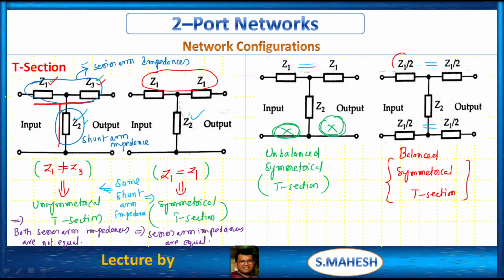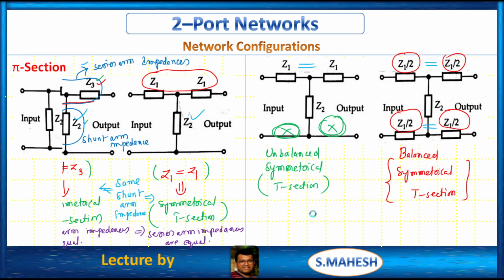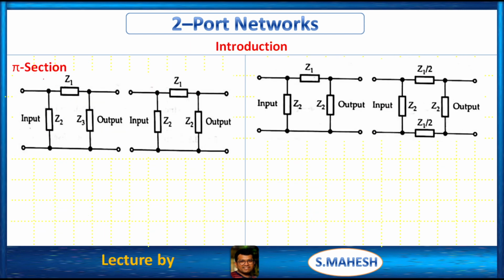Because here in the upper arm we have Z1 by 2, Z1 by 2, and the same amount of impedance is present in the lower arms. That's why this is balanced symmetrical T section. So this is about T section: unsymmetrical T section, symmetrical T section, unbalanced symmetrical T section, balanced symmetrical T section.